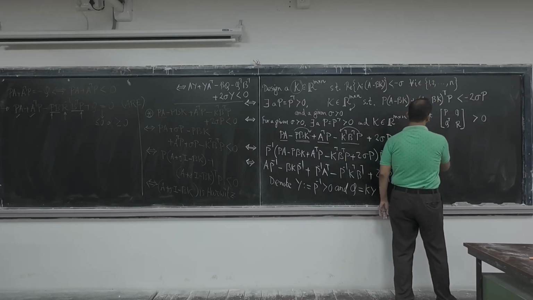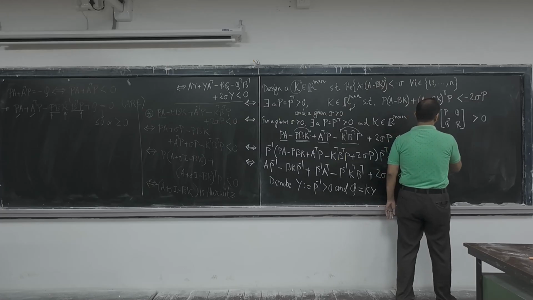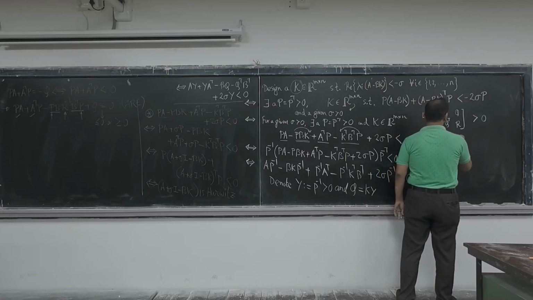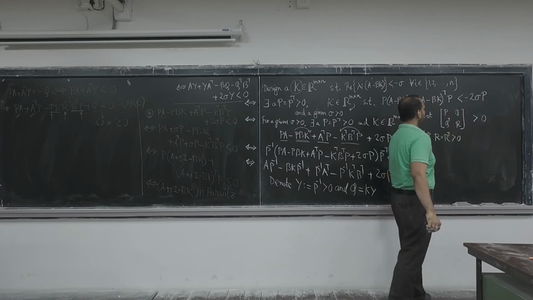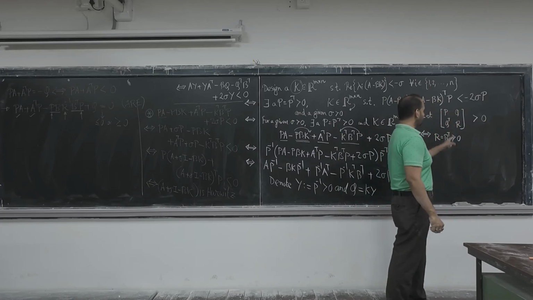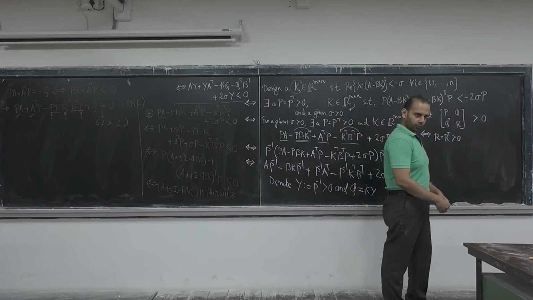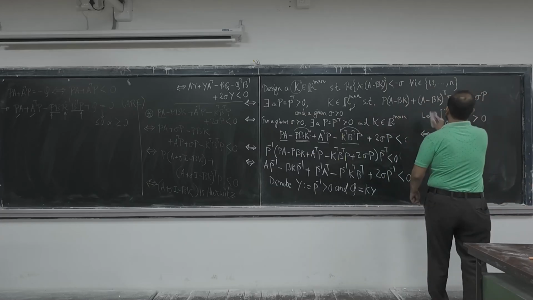This is if and only if R equals R transpose greater than 0. Here initially the assumption is that P equals P transpose and R equals R transpose.